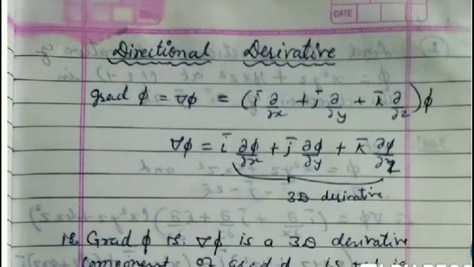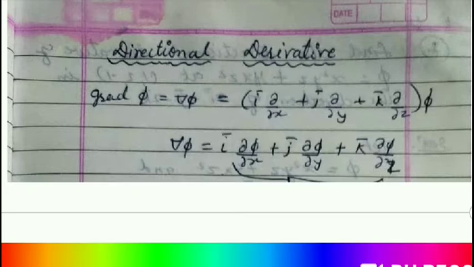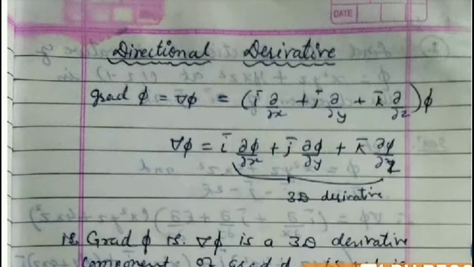We know that grad phi equals del phi equals i bar del/del x plus j bar del/del y plus k bar del/del z phi, or we can simply write it as del phi equals i bar del phi/del x plus j bar del phi/del y plus k bar del phi/del z.